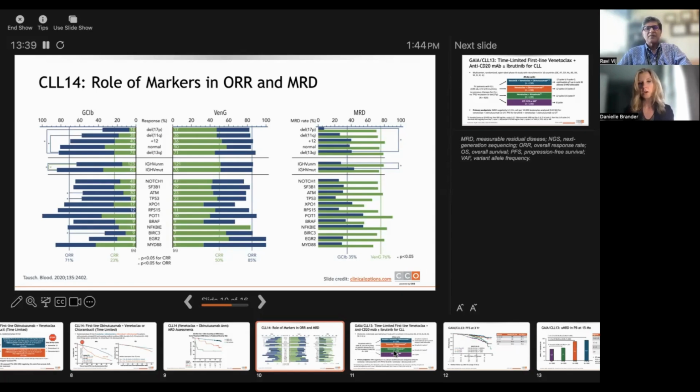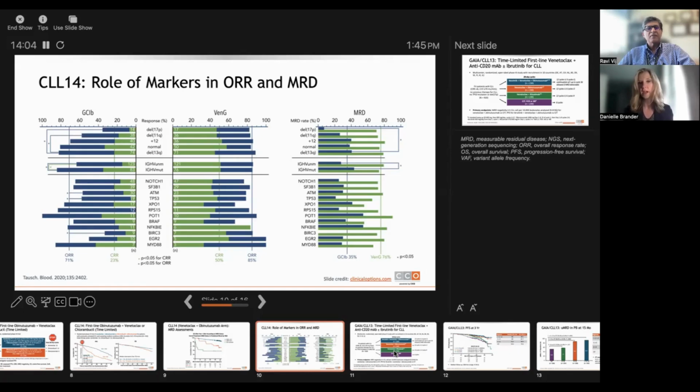IGHV is a marker that historically with CLL with chemotherapy, IGHV unmutated had much shortened survival response to chemotherapy. With the targeted agents, responses seem pretty equal. So if you look at the left side, the response with IGHV mutated, which is the favorable, versus unmutated, is about the same.